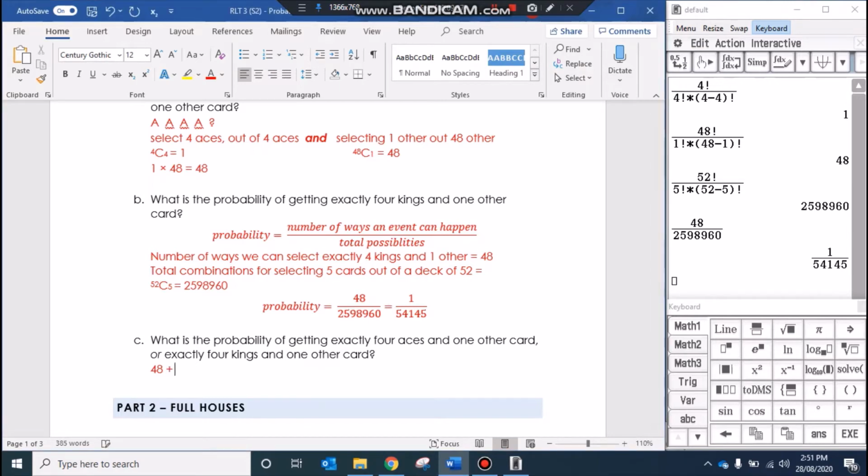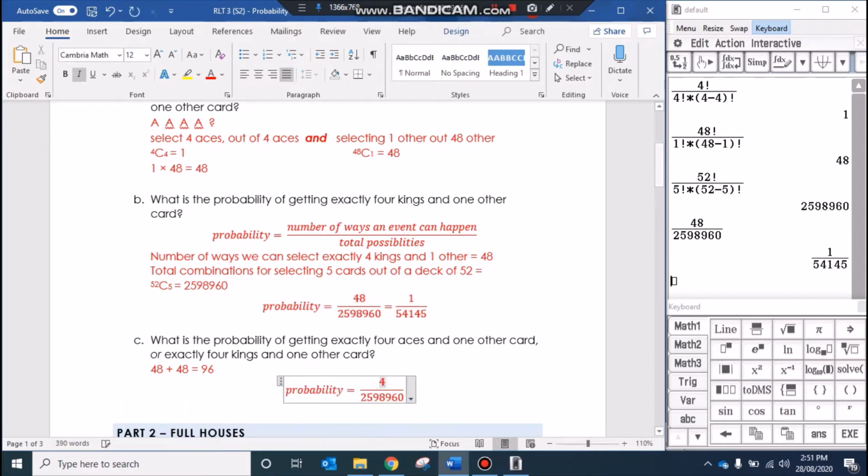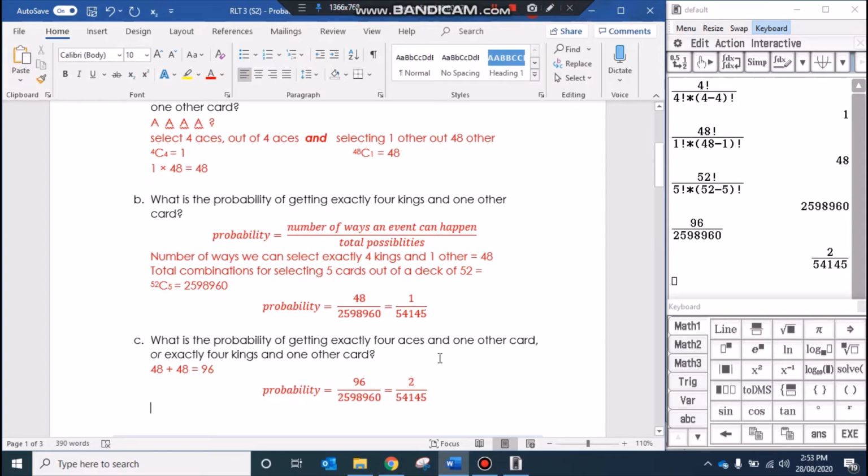There are also 48 ways you can get 4 kings and one other card. So we're just adding those combinations together, which gives you 96 combinations in total. So the probability will then be 96 over this number, and that will simplify to 2 over that denominator. So that's the probability there.